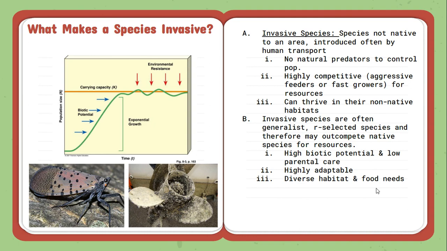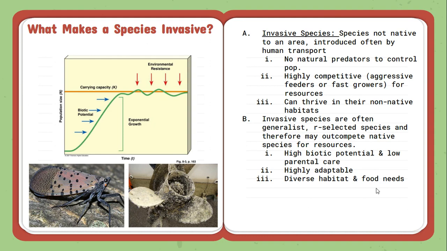Some other characteristics that we tend to see with invasive species, which make them best at doing this, is the fact that they are often classified as generalist species when it comes to their niche, or the role that they play in their environment, as well as their reproductive strategies. They are also known as R-selected species.